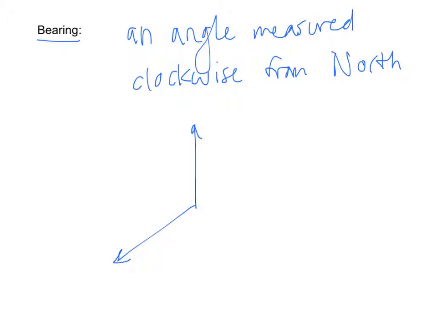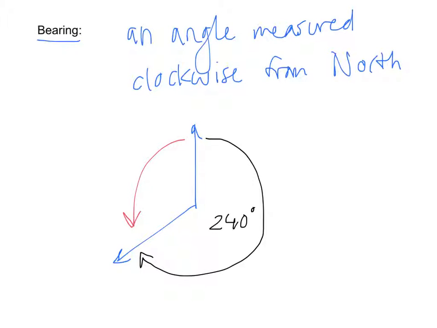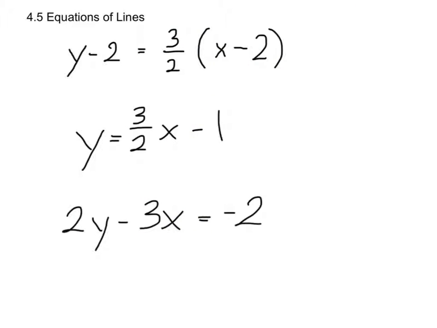So instead of measuring here, as you might think, you would measure around this way. So this bearing might be approximately 240 degrees.